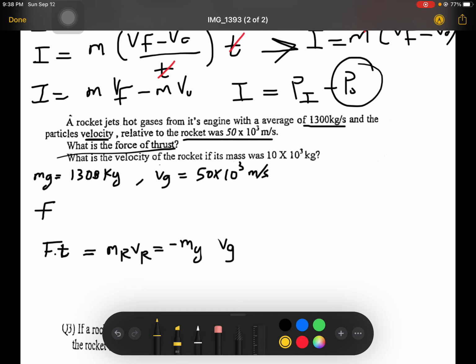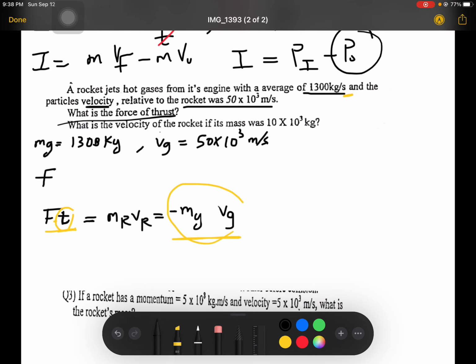Now I am going to use this one because I already have the values for the gases, and I have the time, 1 second, so I can calculate the force. So the force of the engine equals, as we see, this negative sign just determines the direction, mg times vg over the time.